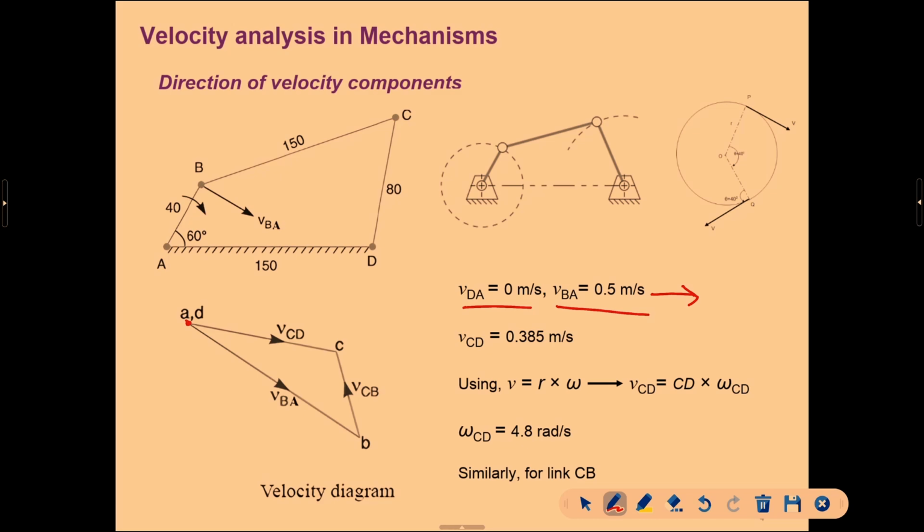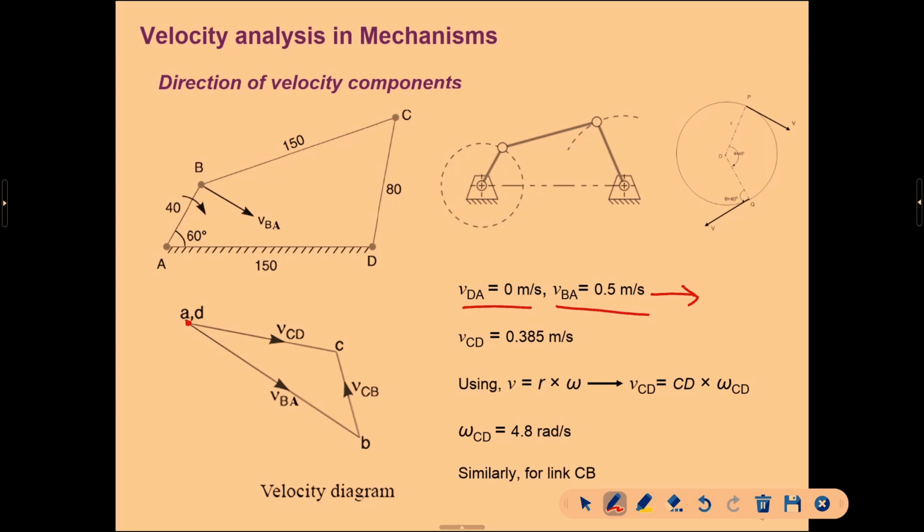Once again I repeat, the link AD makes a single point in the velocity diagram, and the same point takes the name a, d.